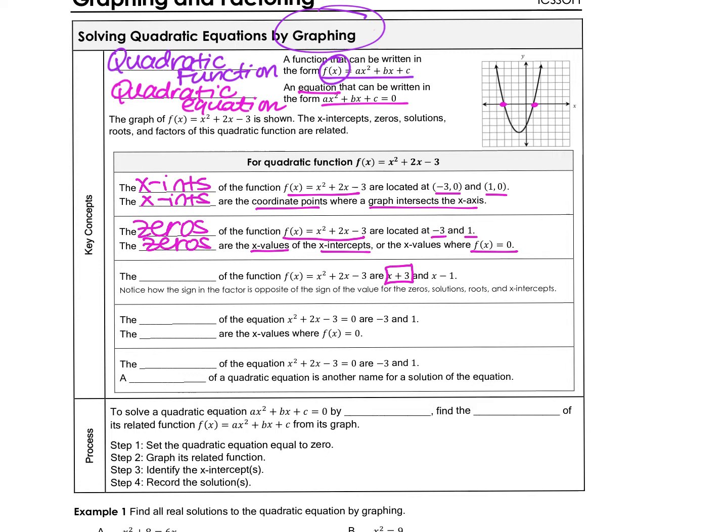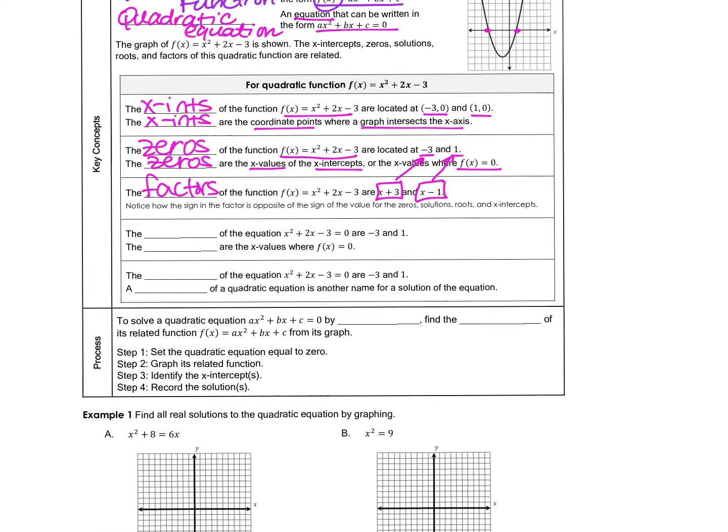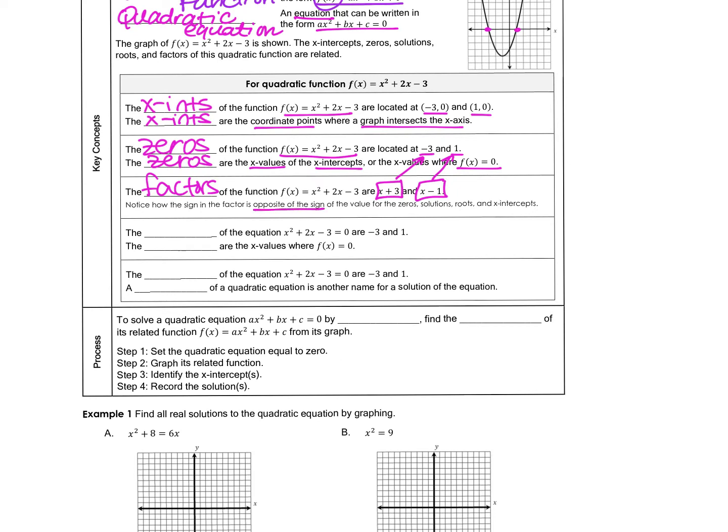Then whenever you have x plus 3 and x minus 1, notice it's the opposite. Those are called factors. So notice the sign is the opposite of your zeros. This is different, but also similar. Notice we're still looking at negative 3 and 1, but this is an equation that's equal to 0 instead of f of x, which is y.